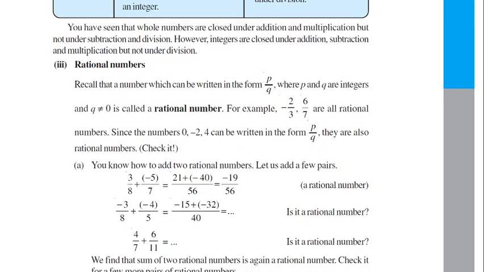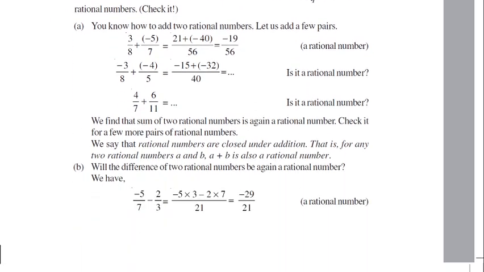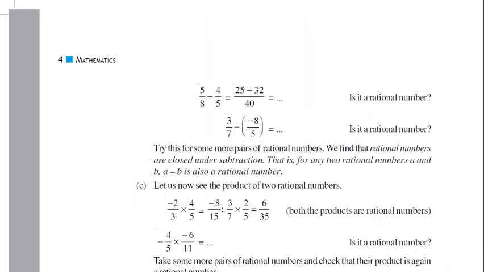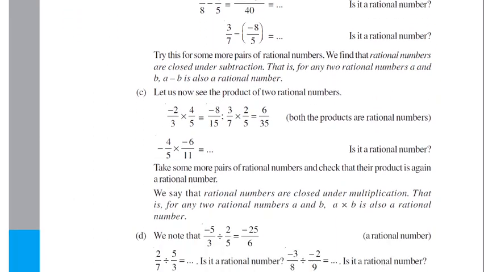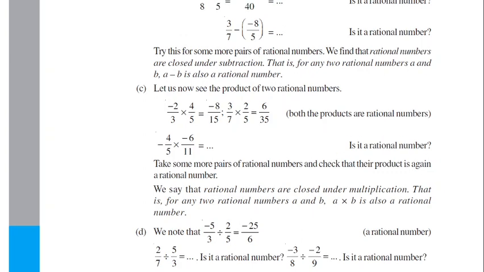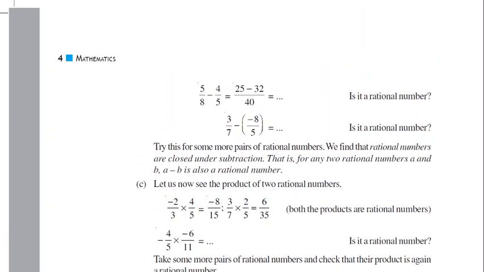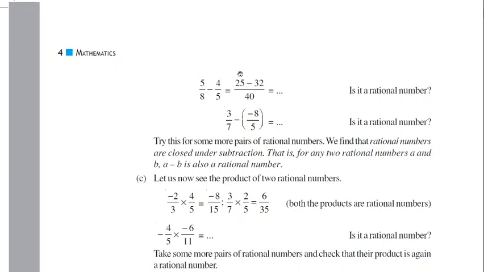So these are the basic theories that have been given in your chapter number 1. Just go through it. Now there are some basic operations you have to perform between rational numbers. Here you have been given -5 upon 8 minus 4 by 5.